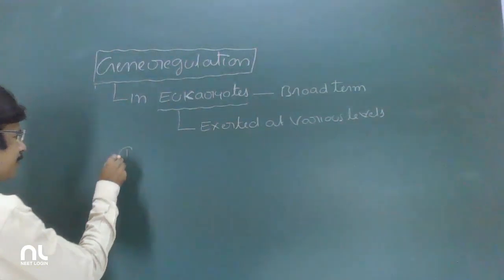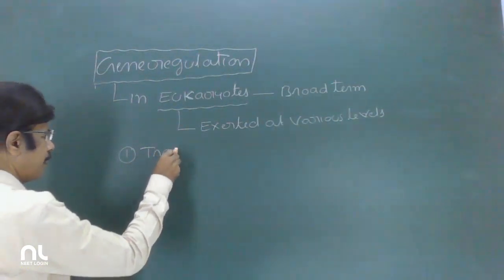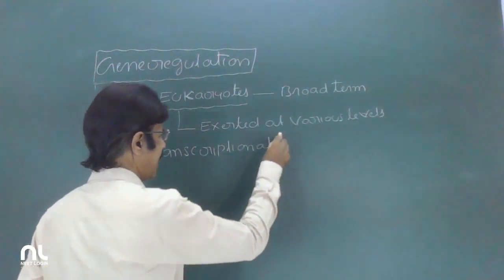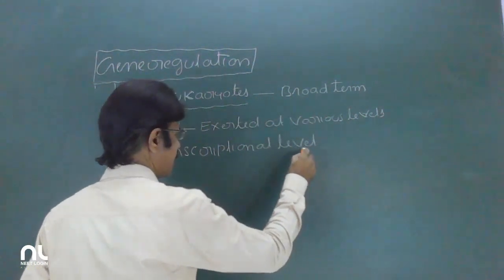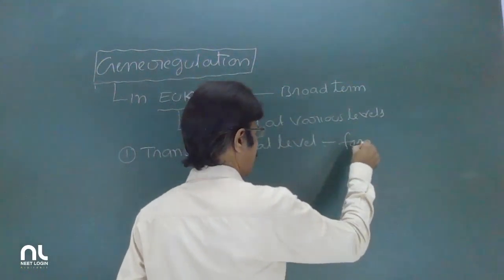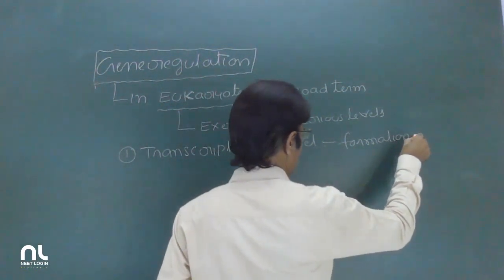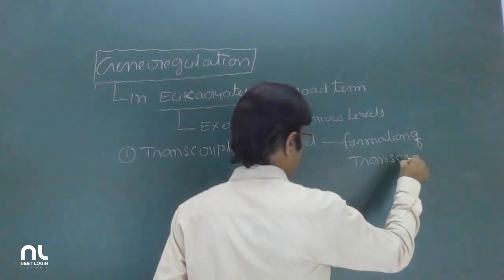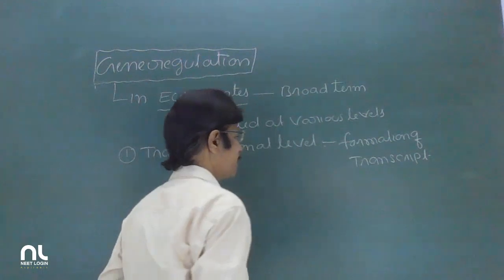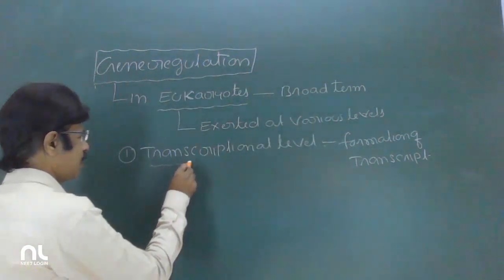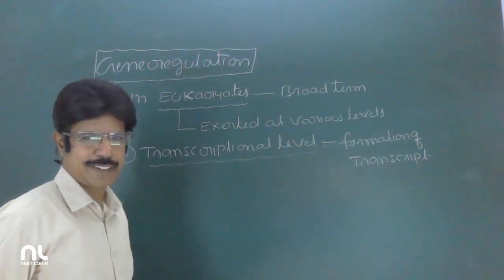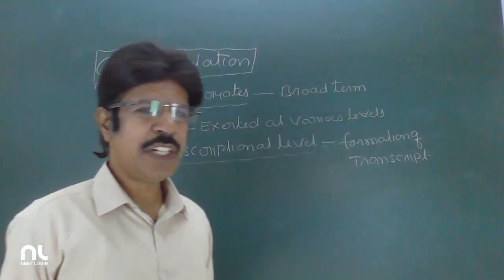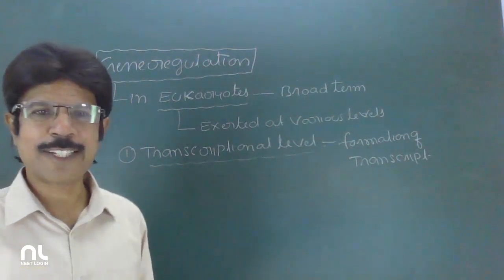That is, transcriptional level, that is formation of transcript. You observe this. There is only one sentence given in the text, transcriptional level. How is the gene regulated at the transcriptional level?